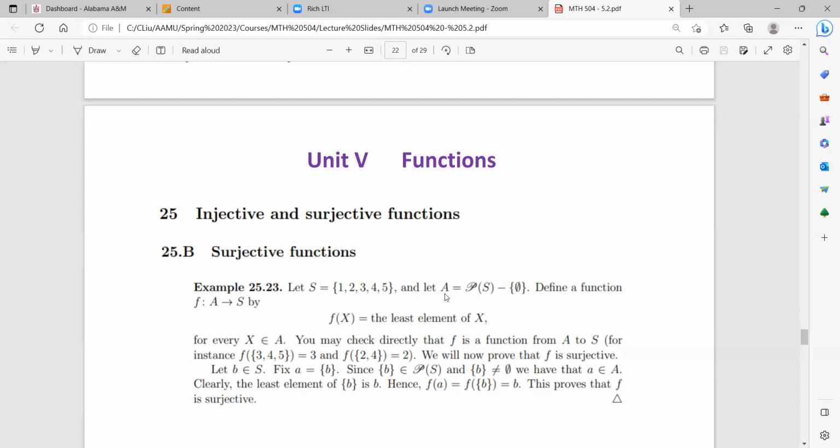And this time we will let A equal the power set P of S minus the empty set.